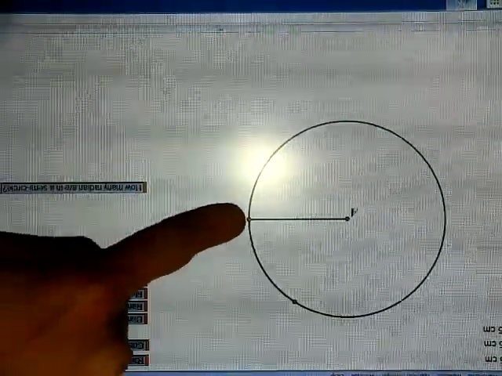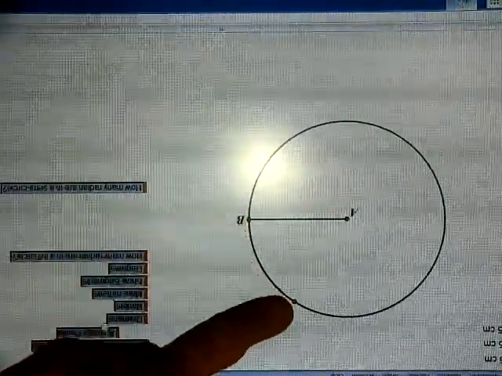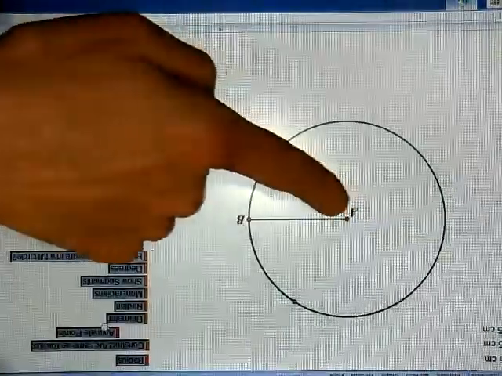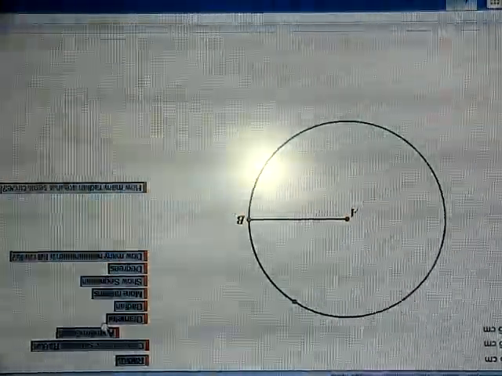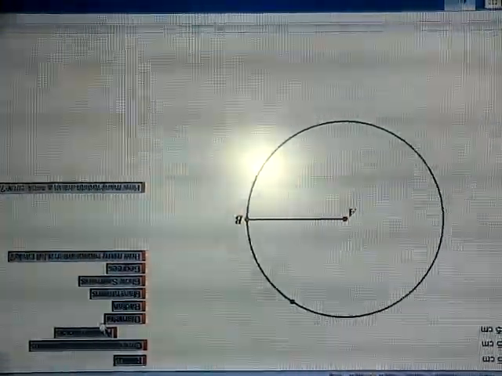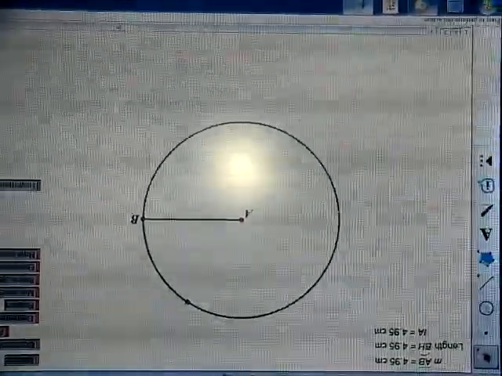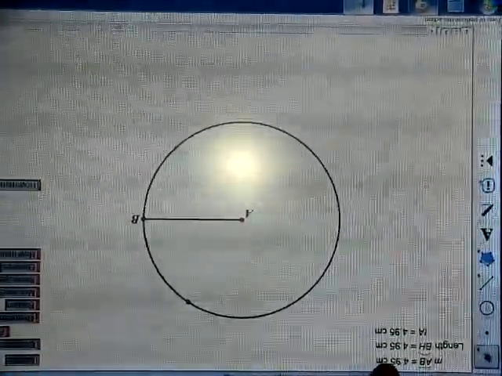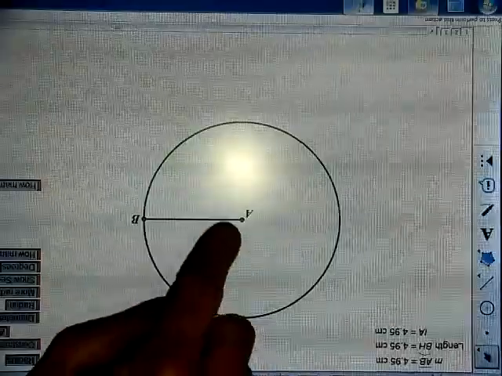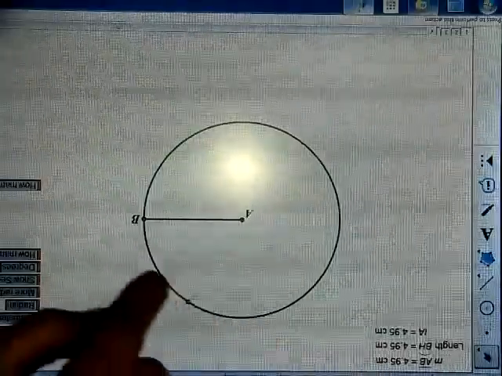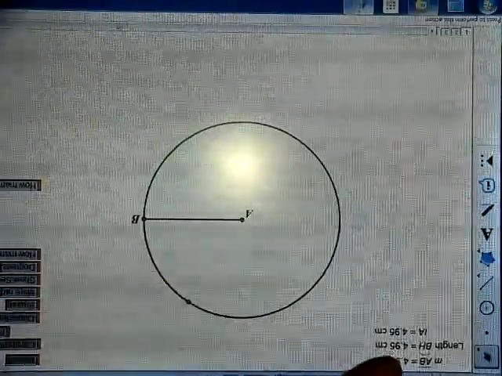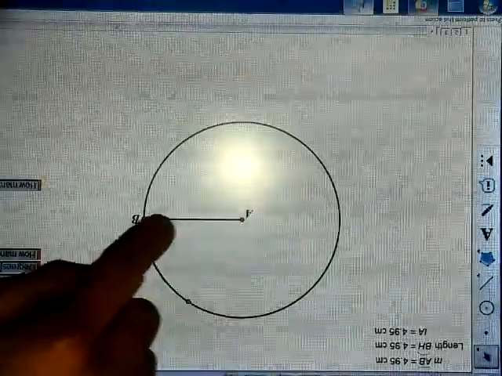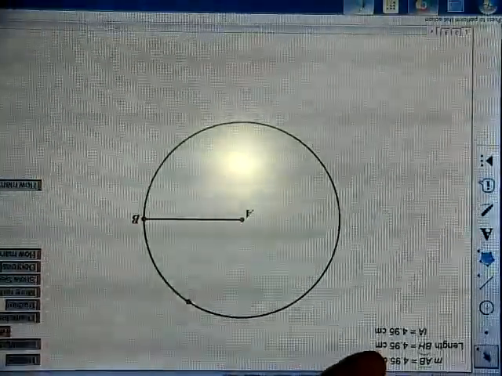So here we have an arc the same length as our radius. On the side, we have some measurements that show that the arc length is 4.95 and our radius is also 4.95.